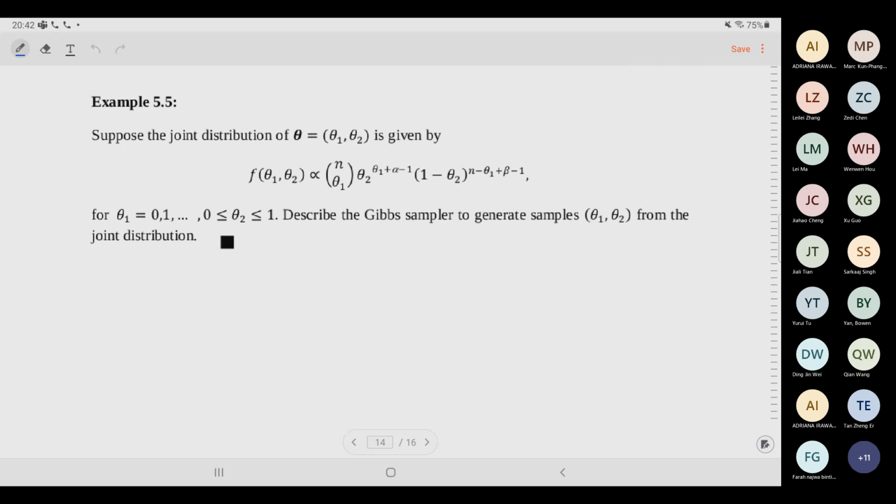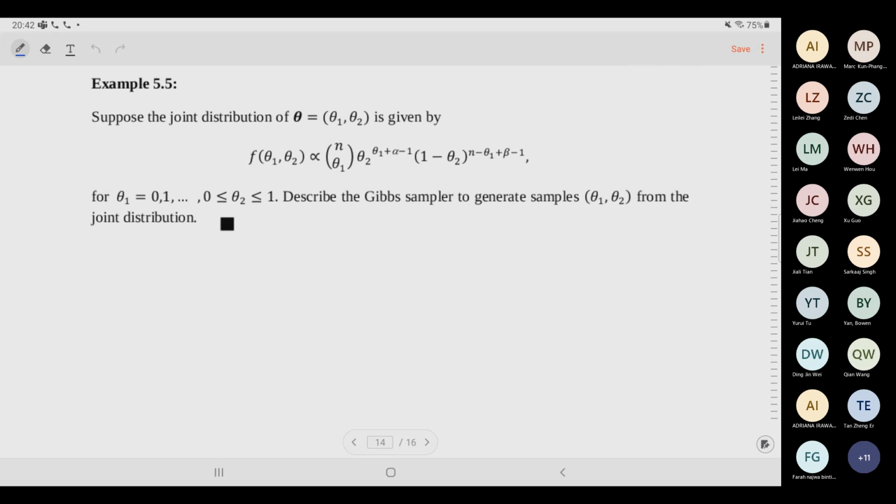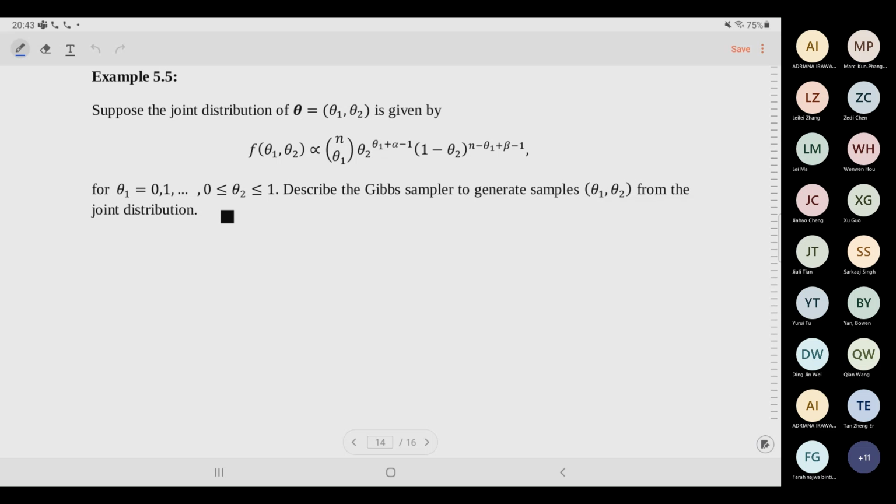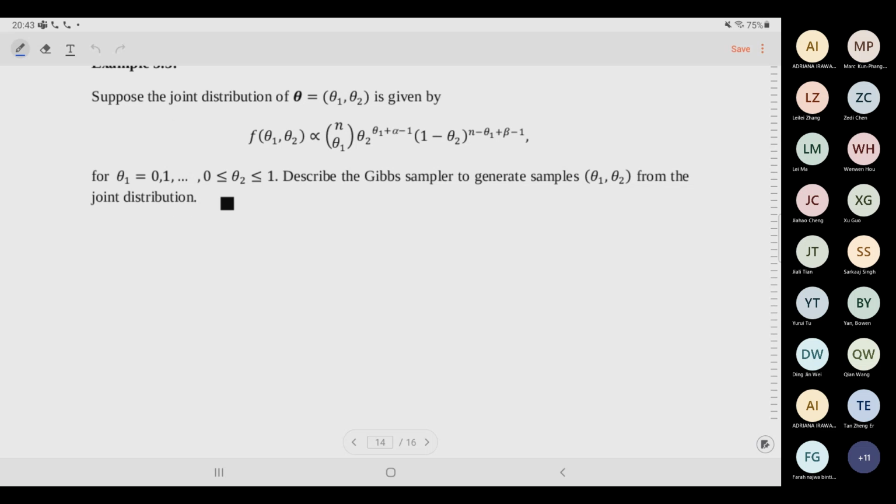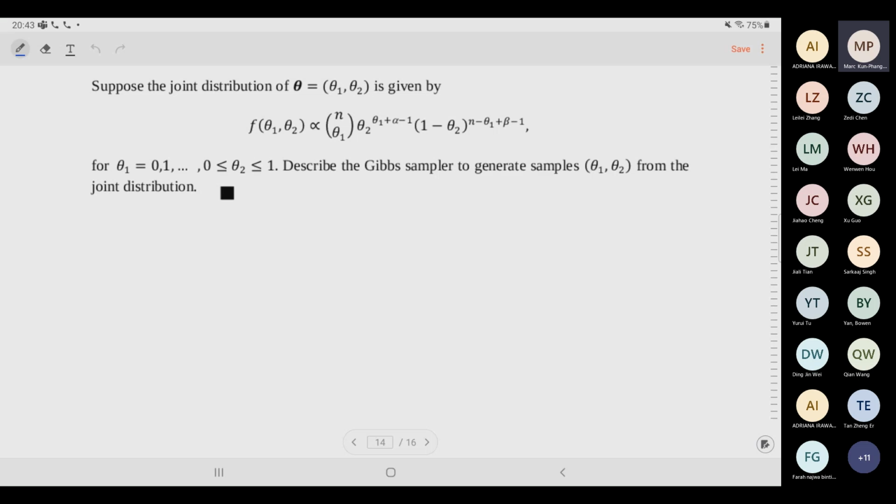That's why you need a big sample, to make sure they are mixing well. If your iteration is large, your hope is that after they have converged, the sample will be okay.